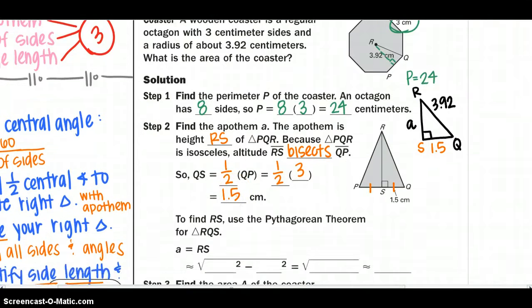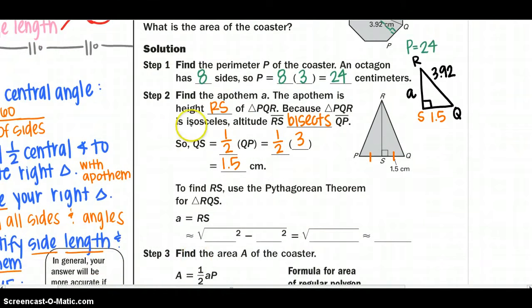Alright, well now we have a right triangle and we have all the information that we need to use our favorite little equation, the Pythagorean theorem. Again, just as a reminder, a squared plus b squared equals c squared. They've done it a little bit different, so I'm just going to write it out how we normally talk about it.